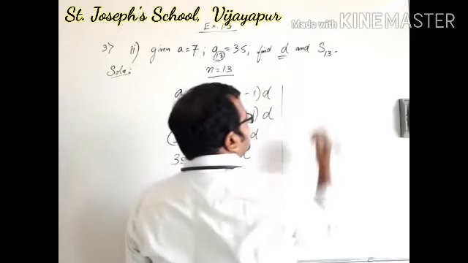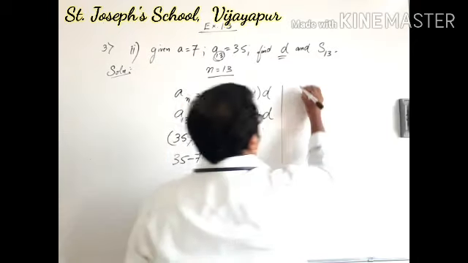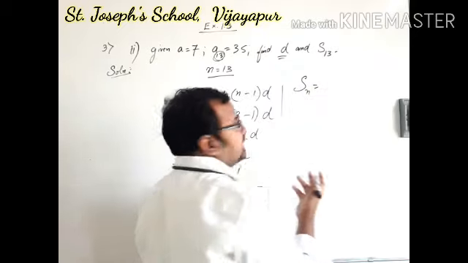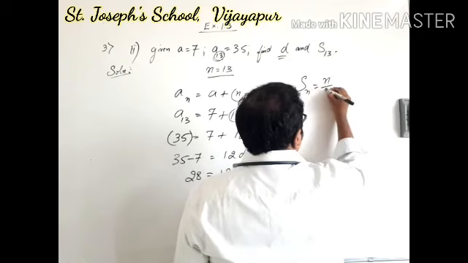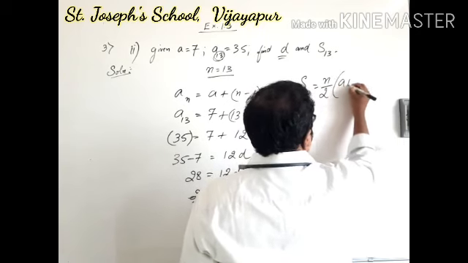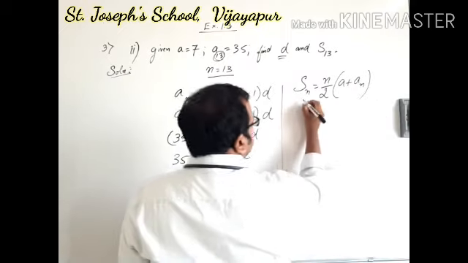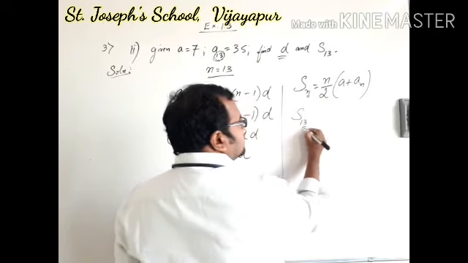Find d and S13. Now it's time for the Sn formula. So what is S13? Sn is equal to, as you know, the shorter version we can use because the first and last terms are both given. n upon 2 into a plus an. So now Sn is S13. n is replaced with 13.